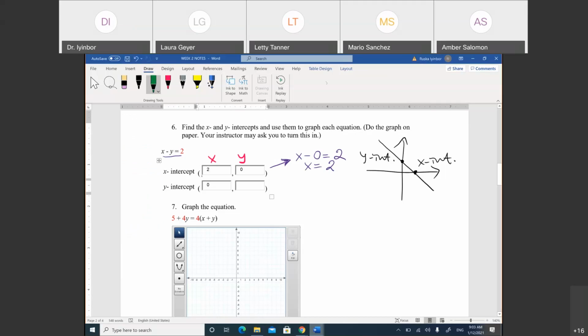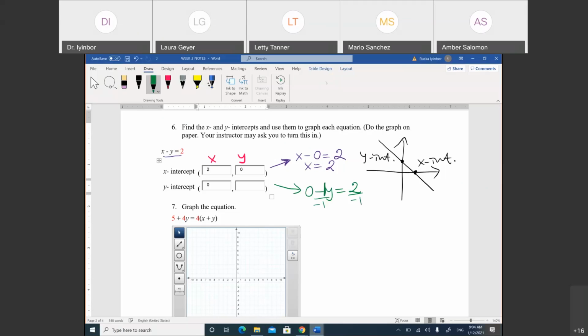If I want to find the y-intercept, I'm going to replace x in the equation with 0. So it's going to be 0 minus y equals 2. You follow the same equation. Okay, the 0 disappears. You have -1 in front of the y. So what do you do to get y by itself? You're going to divide by -1 on both sides.